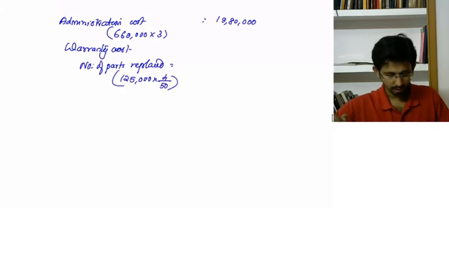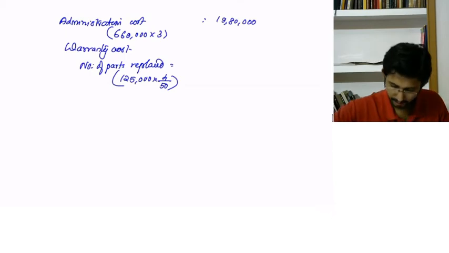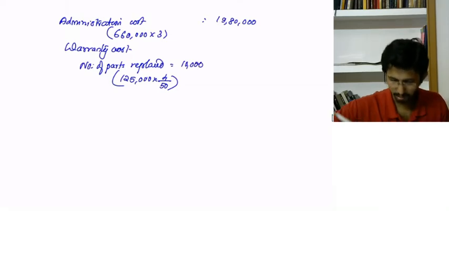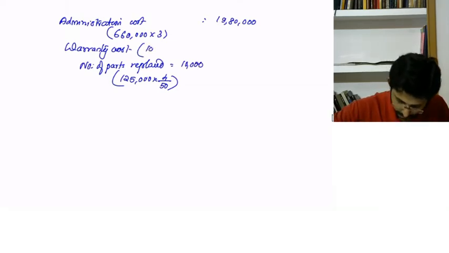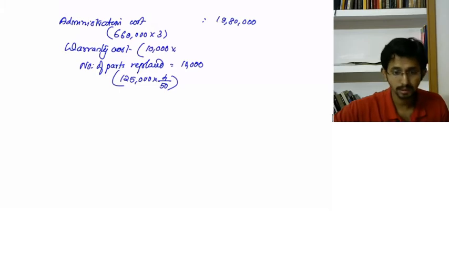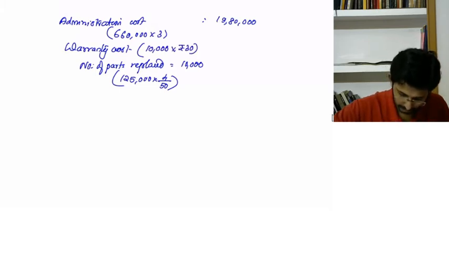So the total number of parts replaced will be 1,25,000 into 4 divided by 50, that is 10,000. So warranty cost will be 10,000 into 30 rupees per part, so 3 lakh.